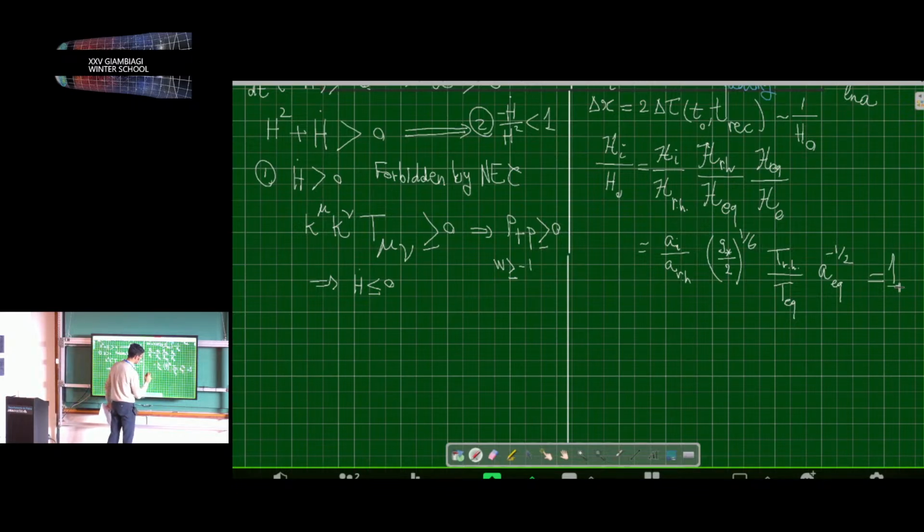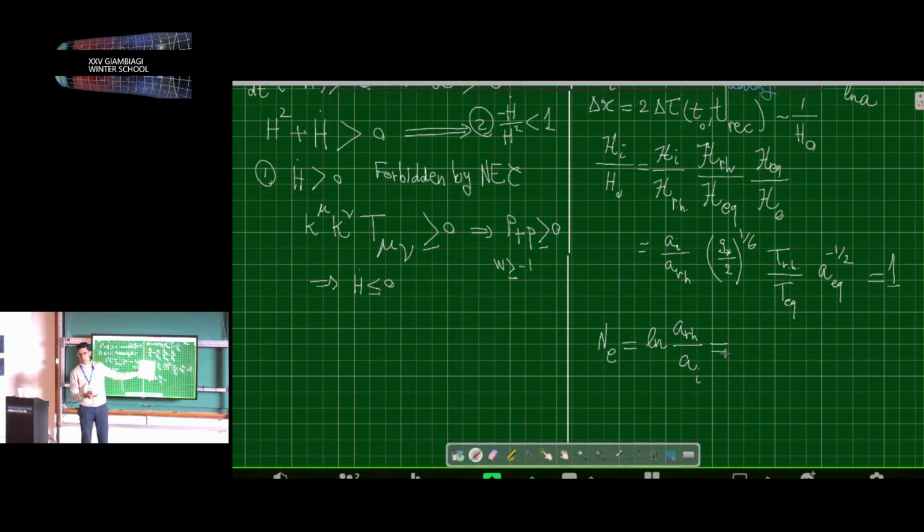And this allows us to solve for this ratio. We define the number of e-folds as the log of the inverse of this ratio. So the number of e-folds is defined as log of a_reheating divided by a_I, and if we satisfy this equation, that would be given by the logarithm of the inverse of this expression.